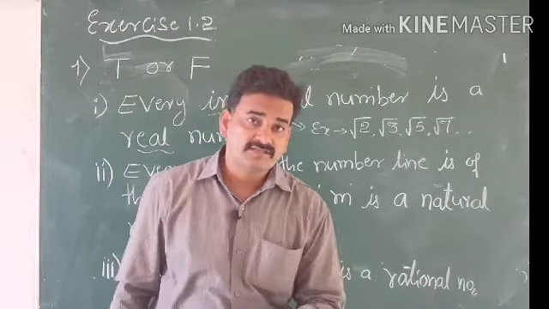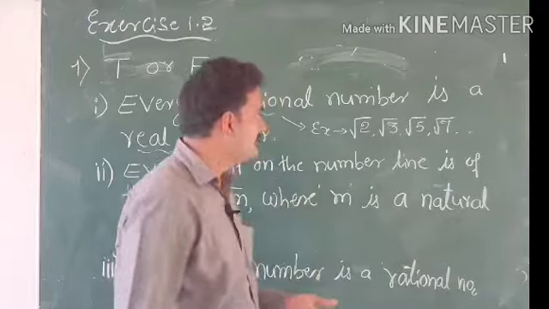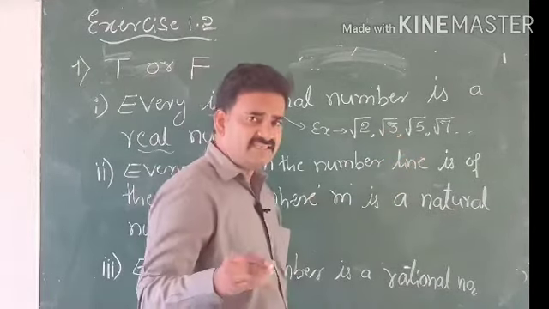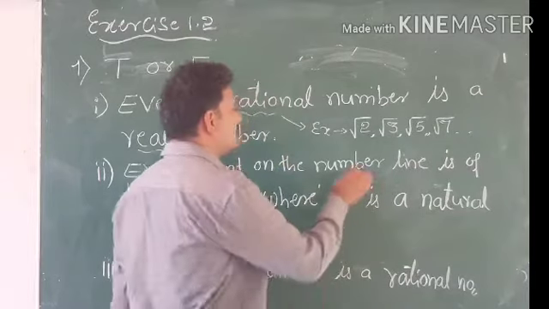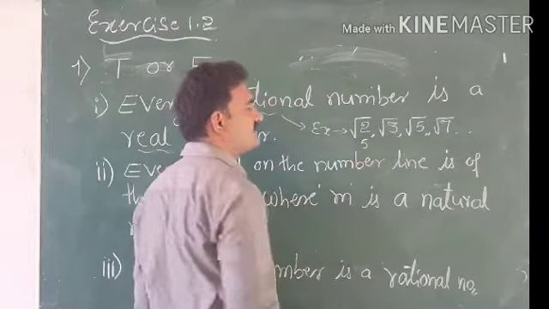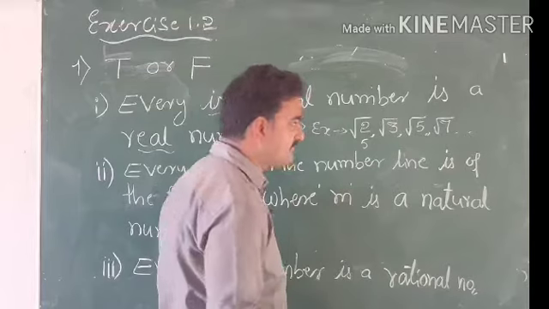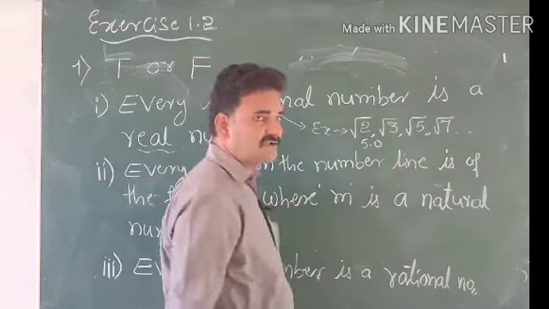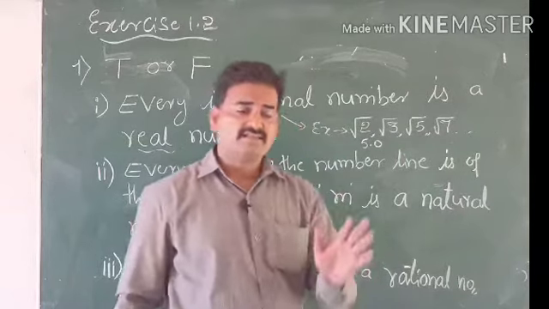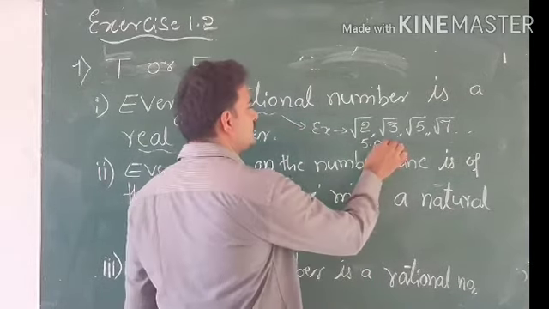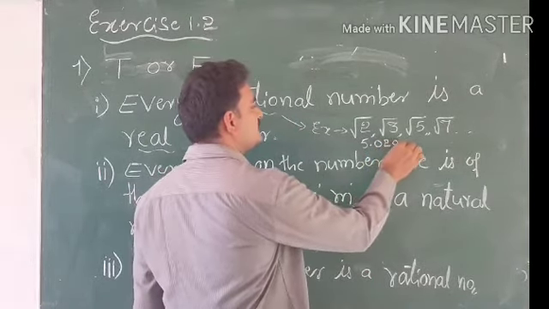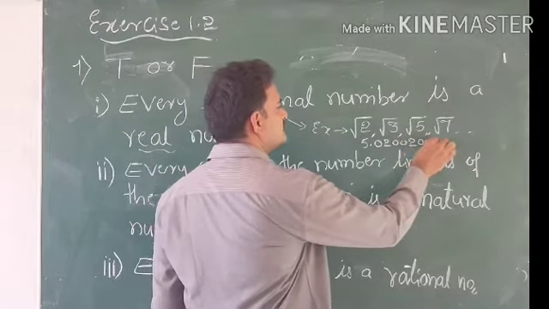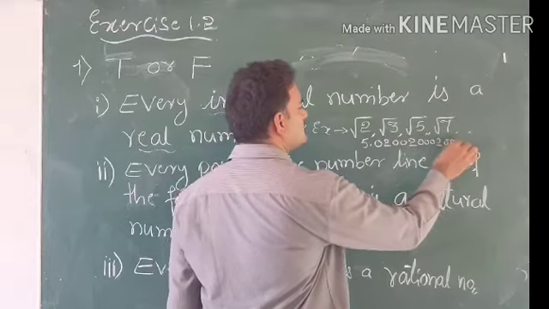If anyone asks, give some more examples. Take any number of your choice. Let us say 5, take a decimal and write 10, and any number of your choice. Let us say 2, then 20, you increase it. Next you write 2 with 3 zeros, next 2 with 4 zeros.